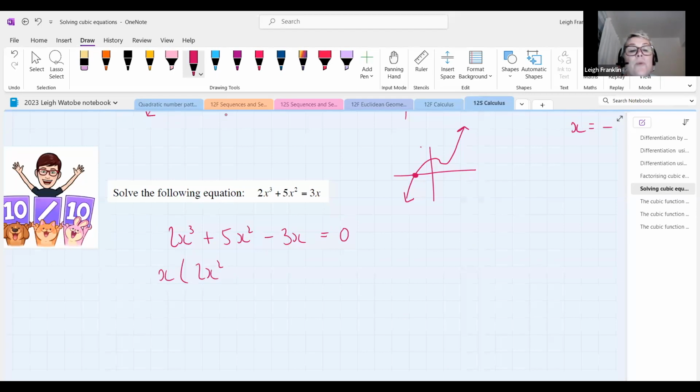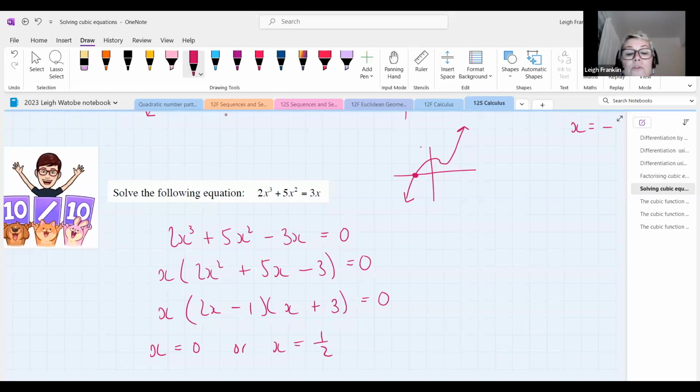That would leave us with 2x squared plus 5x minus 3. So now we leave x on the outside. We'd factorize our trinomial. We've got 3, so that would give us plus 6 minus 1 to give us our plus 5. So in this case, this has 3 roots. Either x is 0, or x is equal to 1 over 2, or x would be equal to -3.